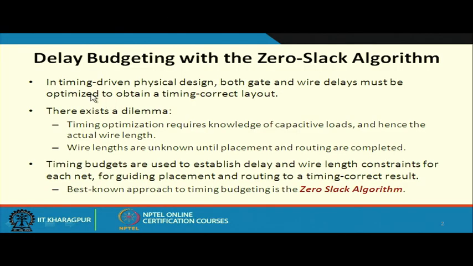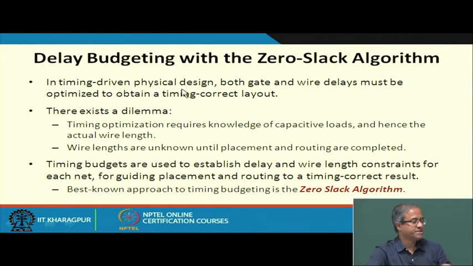There are a few interesting points here. First is that in timing driven design we typically consider both the wire and gate delays, and we are trying to optimize them. But there exists a dilemma, which one has to be done first.